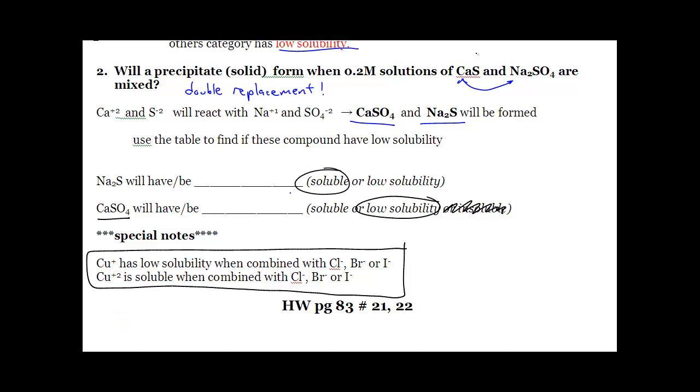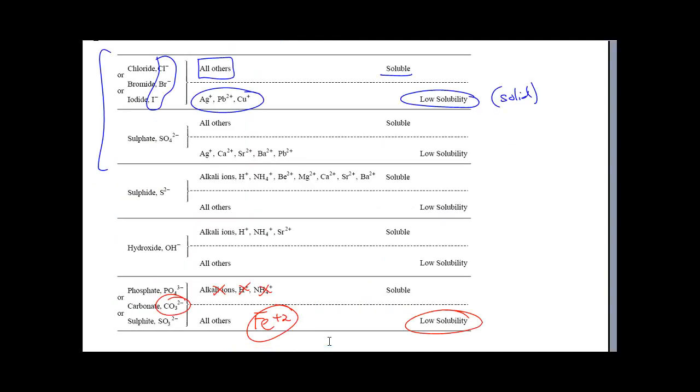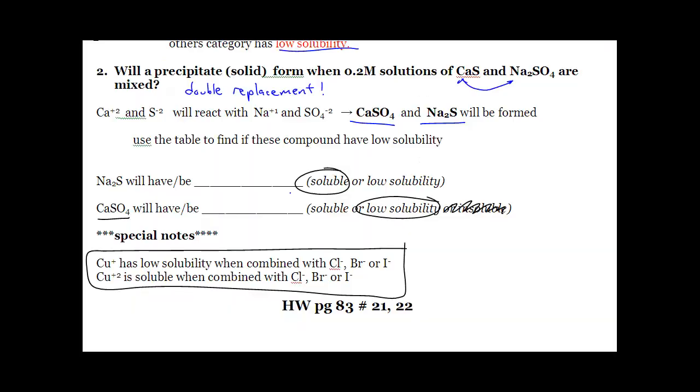So when you see that row with Cu plus 1 in it, right here, Cu plus 2 is up there. Okay, so Cu plus 1 will be a solid or low solubility with those three things, and Cu plus 2 will be soluble with it. Okay, and that's kind of the end of section 3.3.